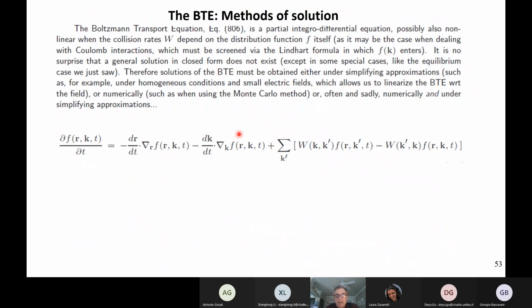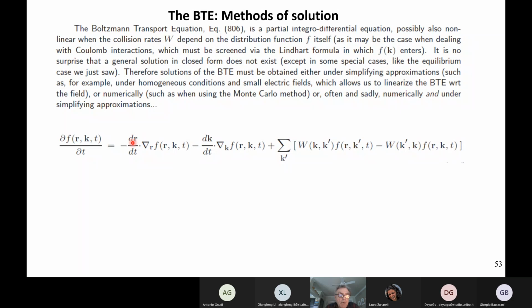But the problem is that if I look, say, at the moment of order n, I would like to have a differential equation for the moment n, and maybe moment of order n minus 1, n minus 2, and so on, whatever I need. However, remember that dr/dt is the velocity.